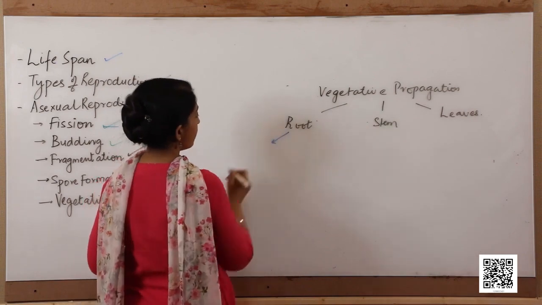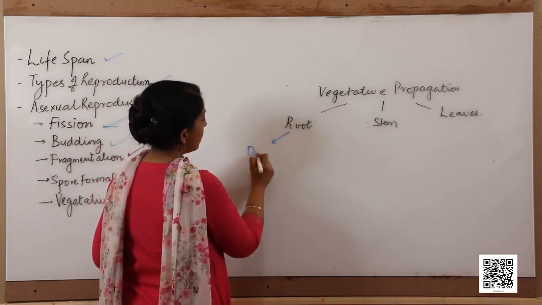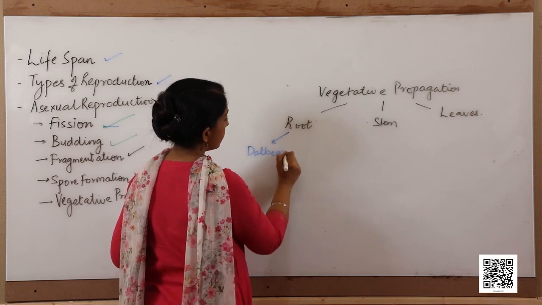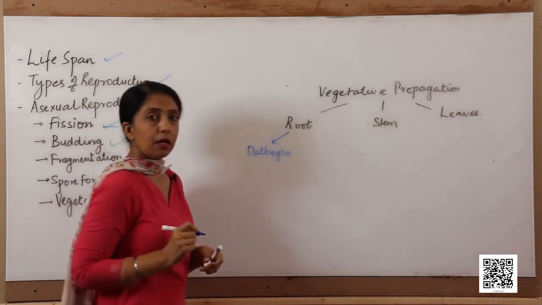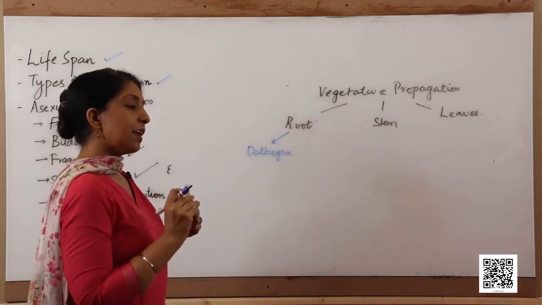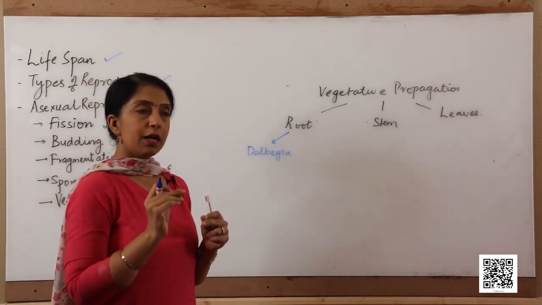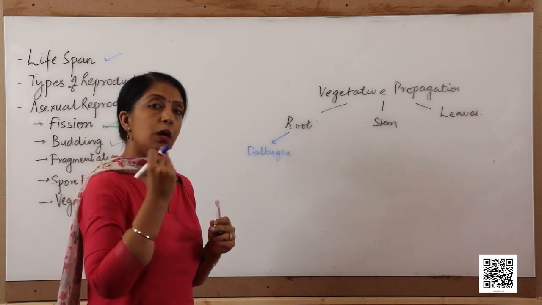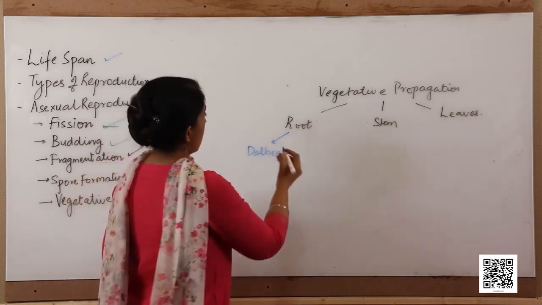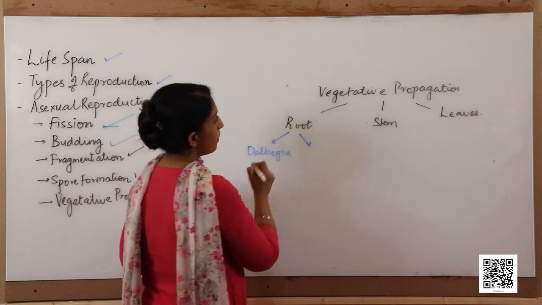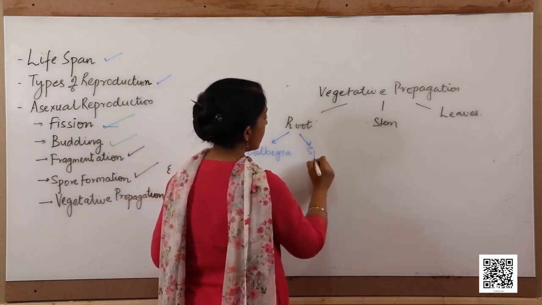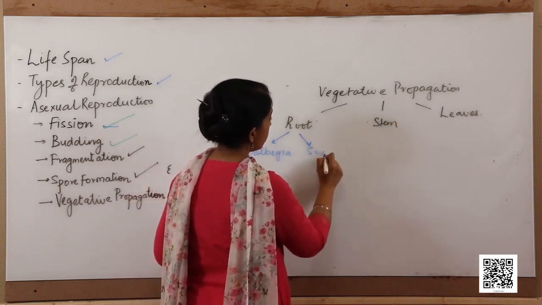For the roots, we can take the example of Dalbergia or Shisham plant. In this, the roots develop certain adventitious buds, and then these adventitious buds give rise to a new plant. This kind of vegetative propagation is also seen in sweet potato.